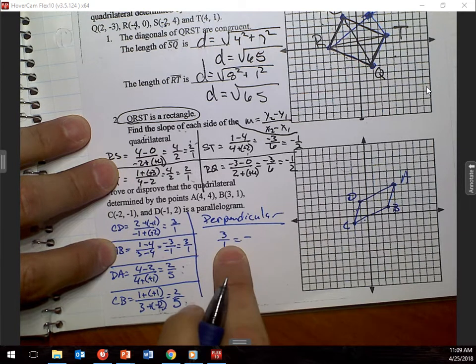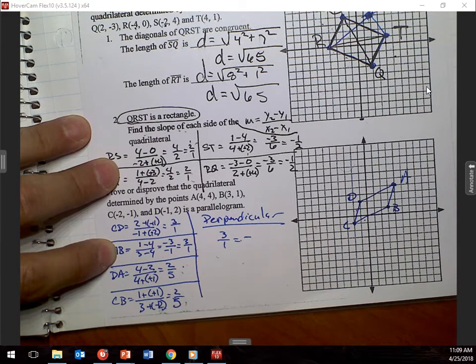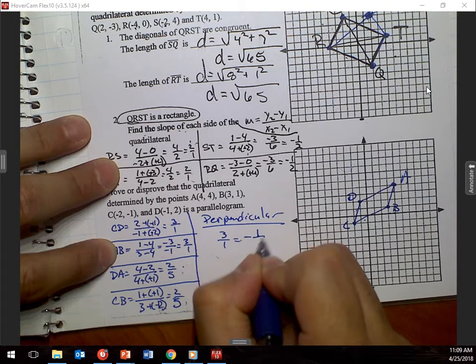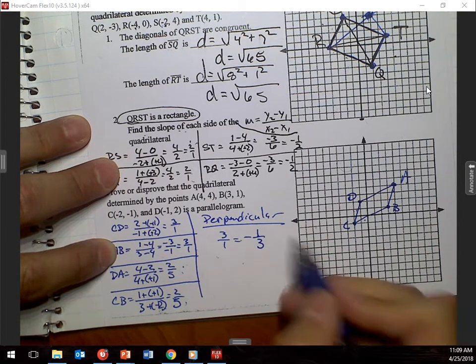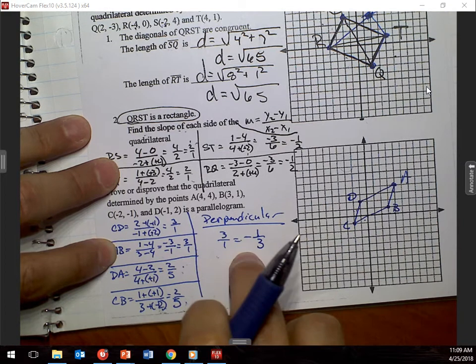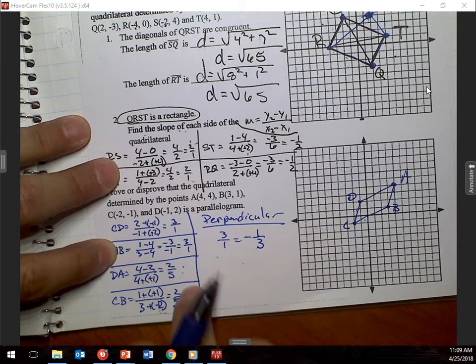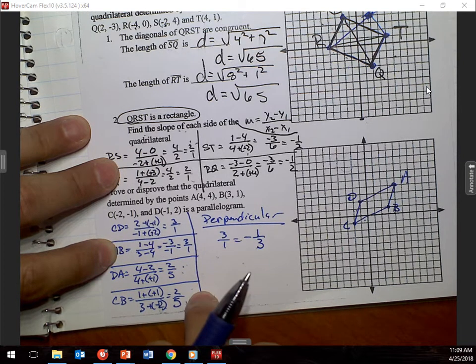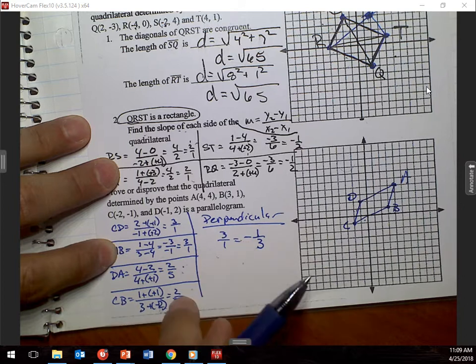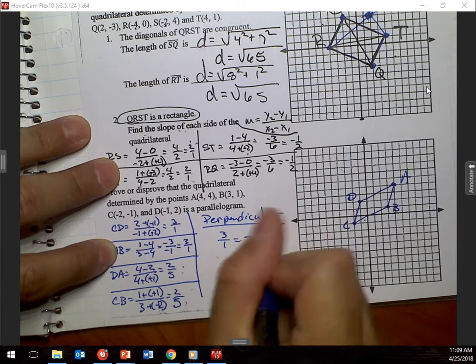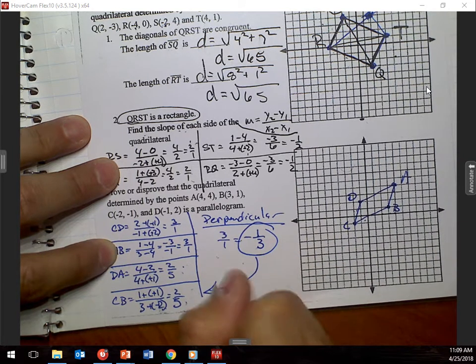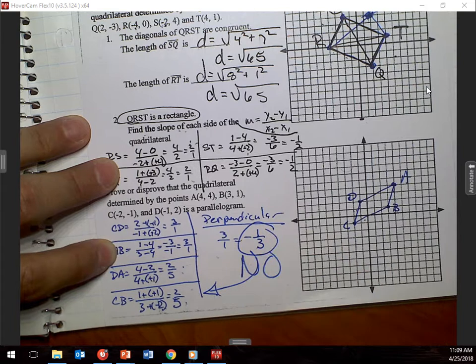Negative. So what is the reciprocal of 3 over 1? -1/3, right? So, are these two slopes perpendicular? Does it make a right angle? Is this this? No. And you'd say no, right? These two are not the same.